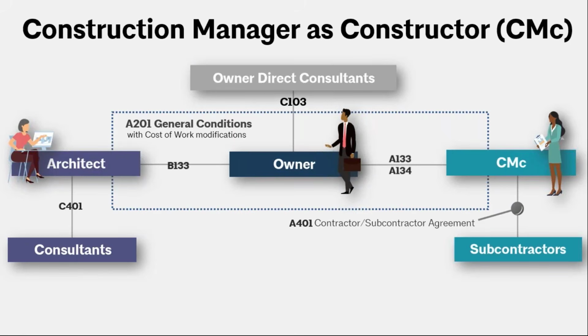So by the time that you get to this point in the project, you're going to be in the construction phase by the time you're ready to hire on those subs. So by the time we get to the construction phase, your CMC is essentially going to be working as the contractor. So that's why that A401 contractor-subcontractor agreement still stands.